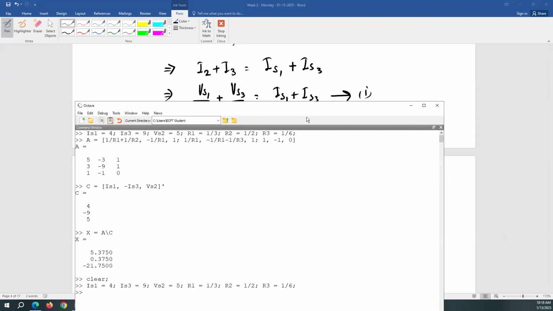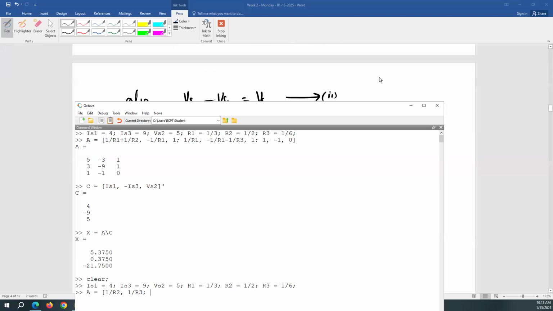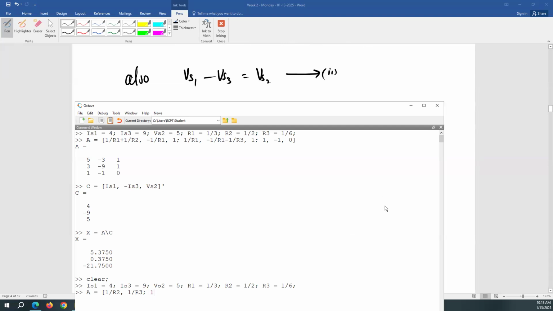In this case, our A is from equation number 1, 1 over R2 and 1 over R3 for the two unknown variables Vs1 and Vs3, and from equation 2, 1 and negative 1.